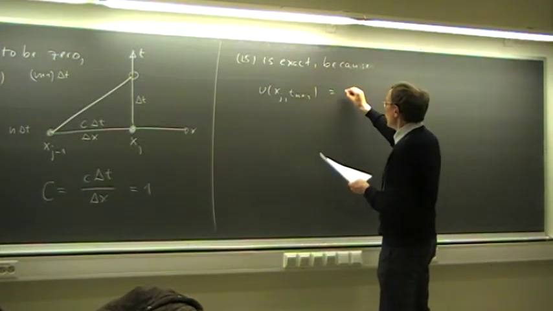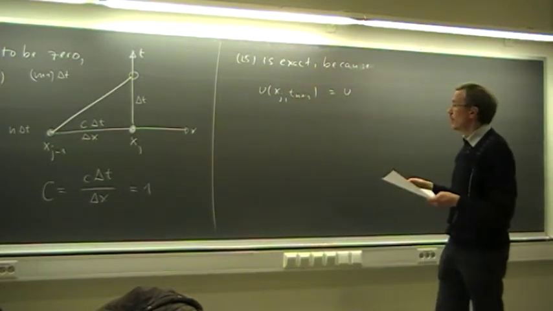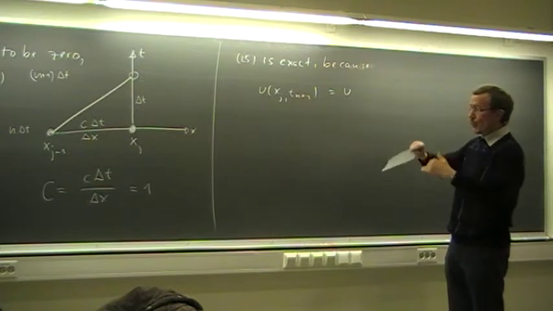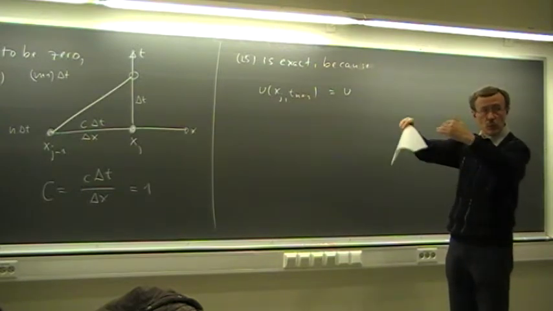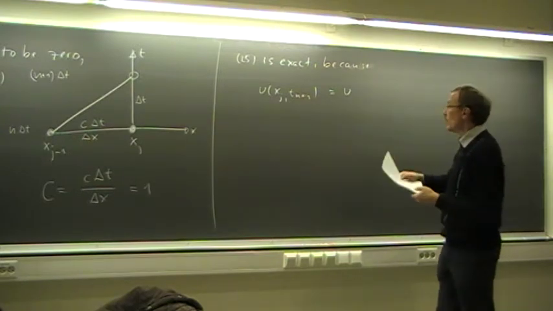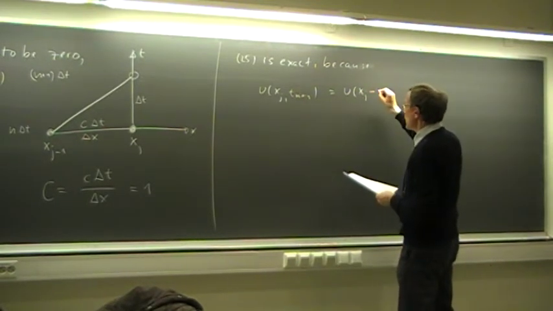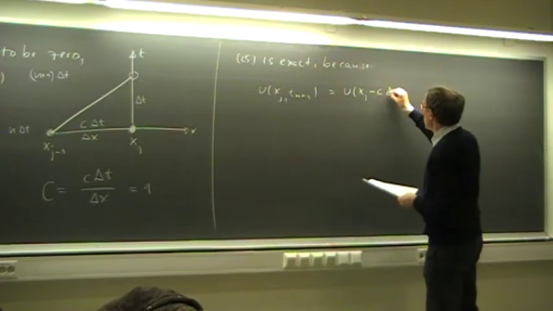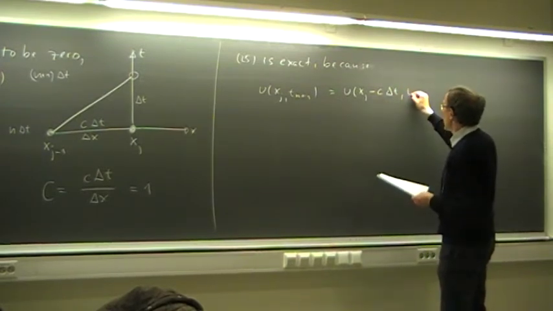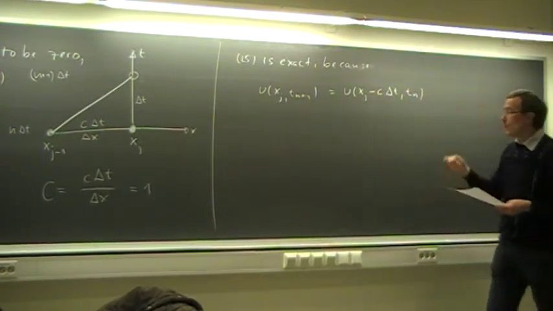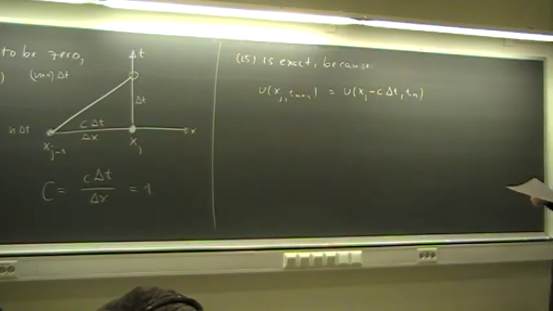Then we know from the exact solution, if we go back one time level, that the exact solution will be u at x_j minus c delta t at the time level t_n. We have seen that for the exact solution going back to the time 0, but we can just go back one time step delta t.